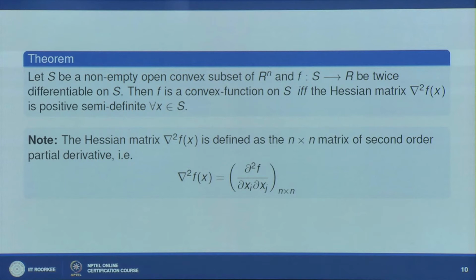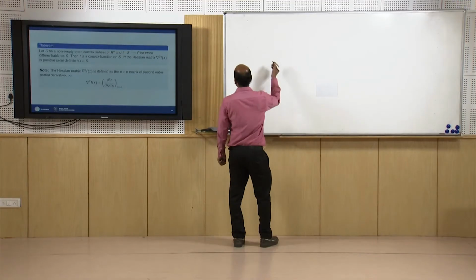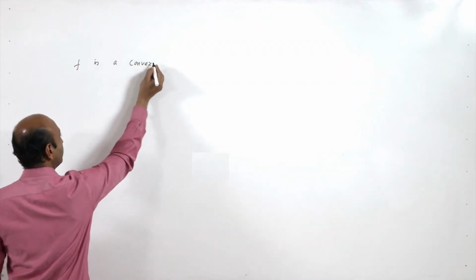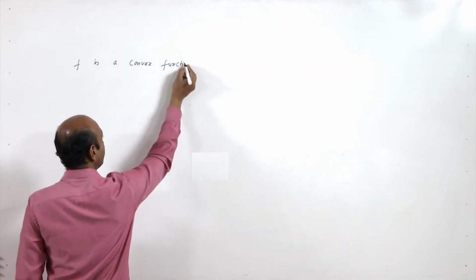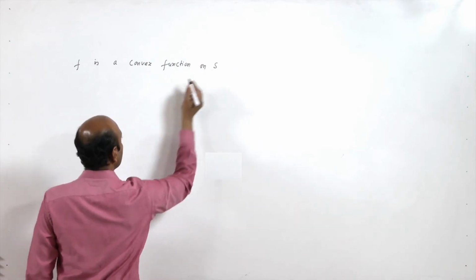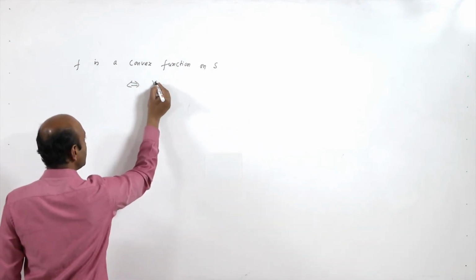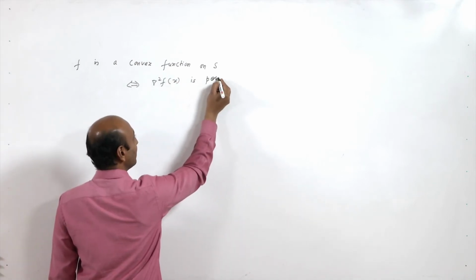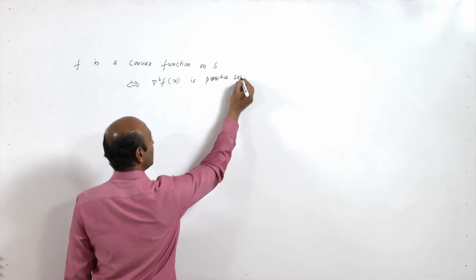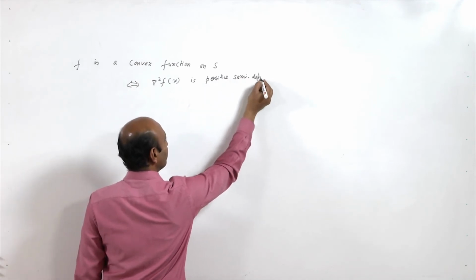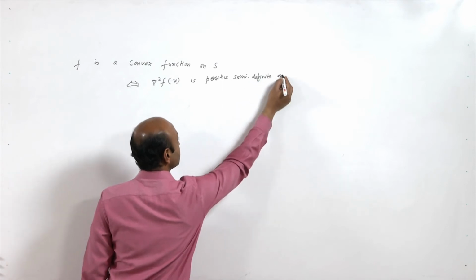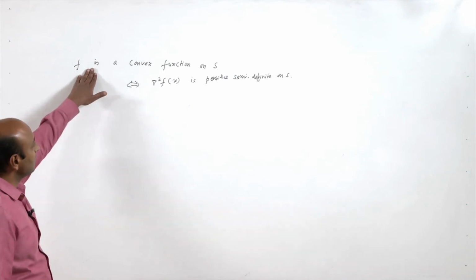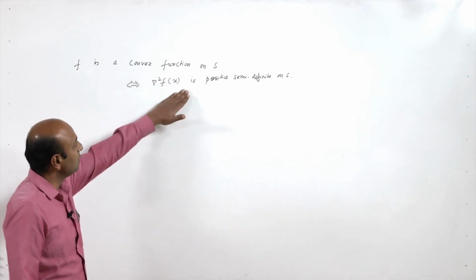So, this is the Hessian matrix we have already defined. So, f is a convex function on S if and only if the Hessian matrix of f at x is positive semi definite on S. So, now we have to show that if f is a convex function, then this result holds, and if this result holds, then f is a convex function.